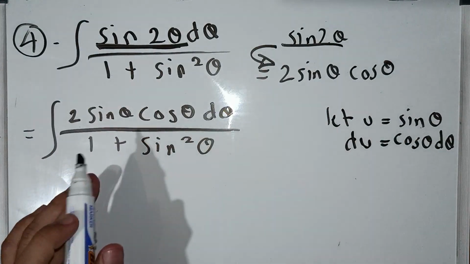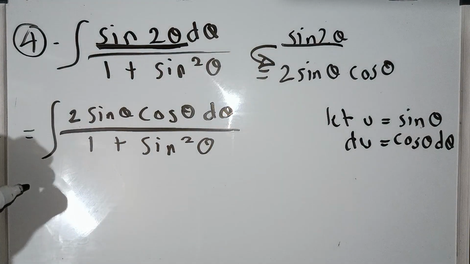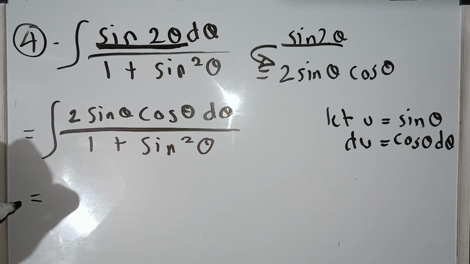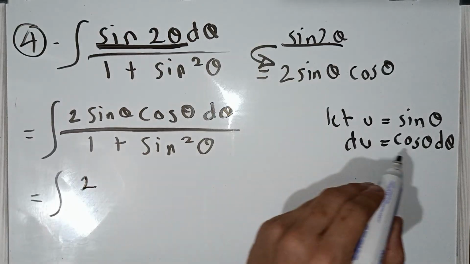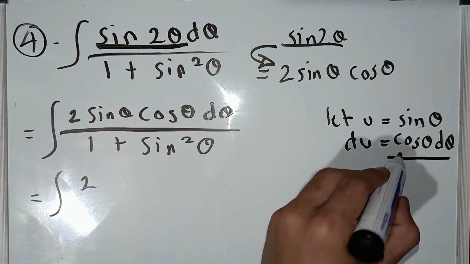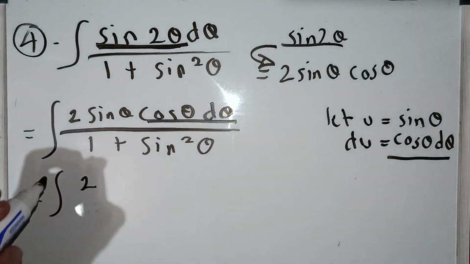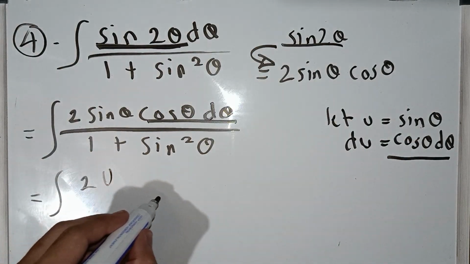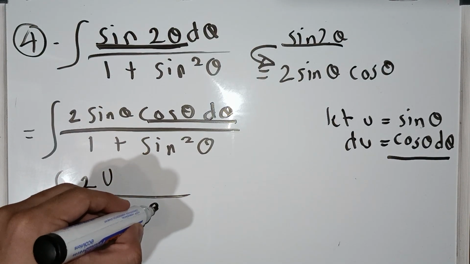Substituting now the value of u and du in our problem, it will now give us the integral of 2, since cosine theta d theta is equal to du, and our sine theta is equal to u, so over 1 plus u squared.